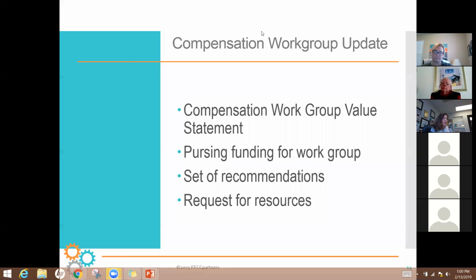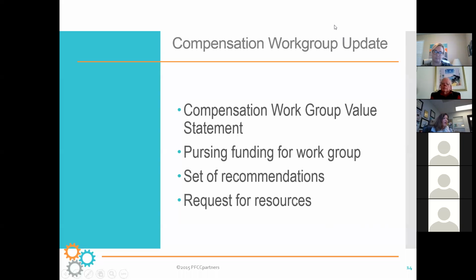We finished the environmental scan, and now we're moving into creating a set of recommendations. We've requested resources, of which we've gotten quite a few, and we'll be pursuing funding for that work group so that we can keep that work going forward. Next slide, please.